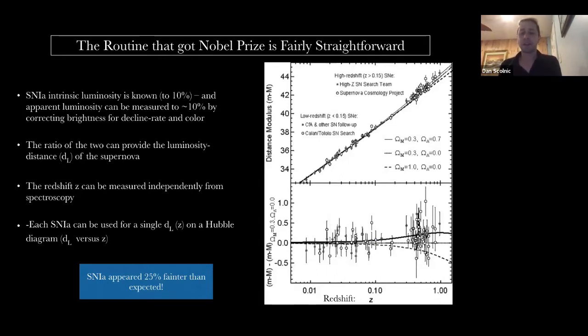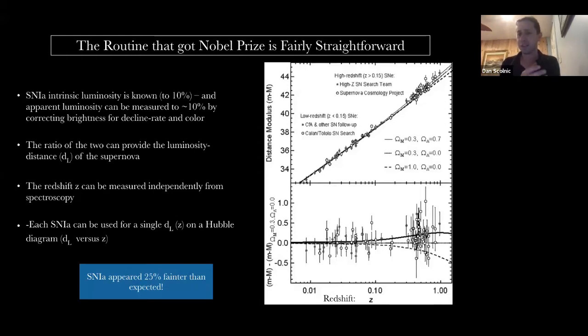The detection that shows that the universe is accelerating its expansion is what you can see on the bottom right, which is that type 1a supernovae appear about 25% fainter than expected. The middle line that goes through the bottom assumes there's no dark energy, and you can see that deviation of about 0.25 mag, and that's the detection of the accelerating universe.